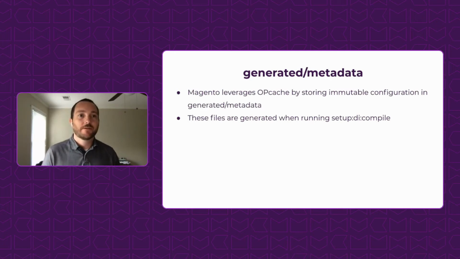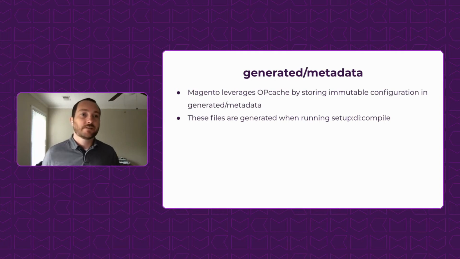So when it's doing the hard work of reading all the di.xml files, finding the plugins, finding preferences, building out the configuration for the service container, the object manager, all of that goes into these metadata files. And the reason for that is to leverage OPcache when you're running in production.